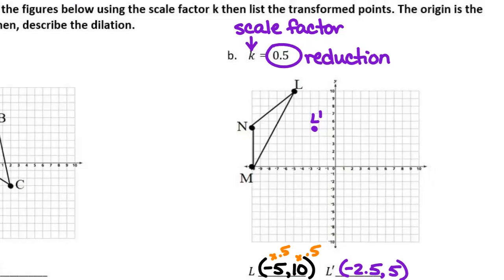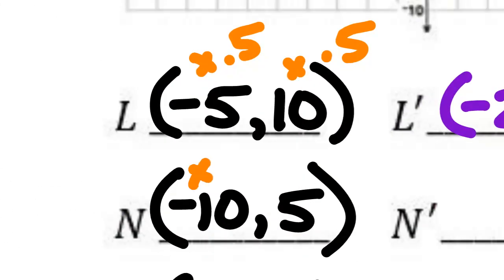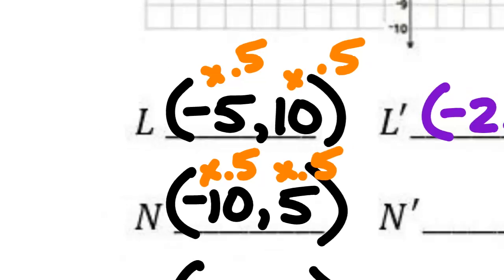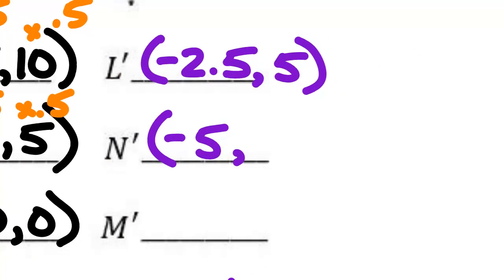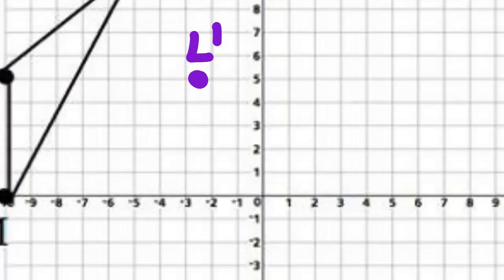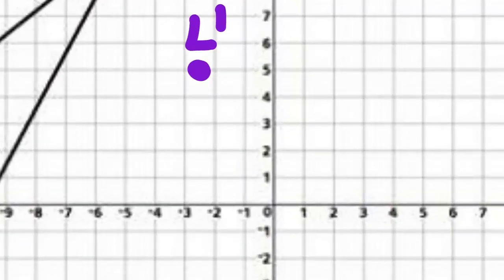And then we're going to do the same thing with point N. What's -10 times 0.5? -5. And what is 5 times 0.5? 2.5. So -5, 2.5. -5, up 2.5. There's my N prime.